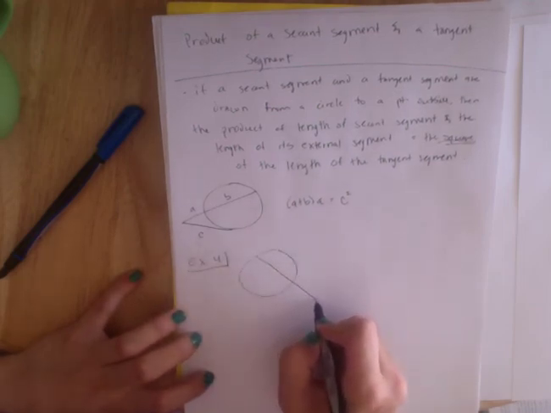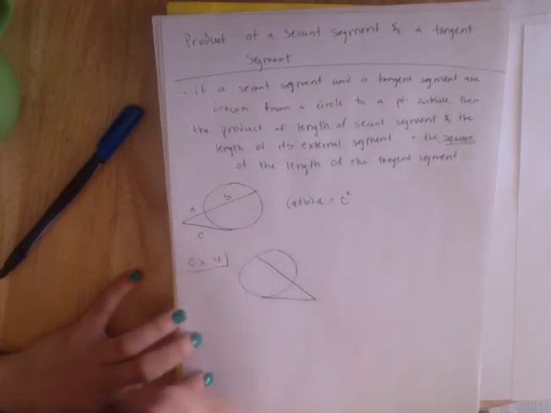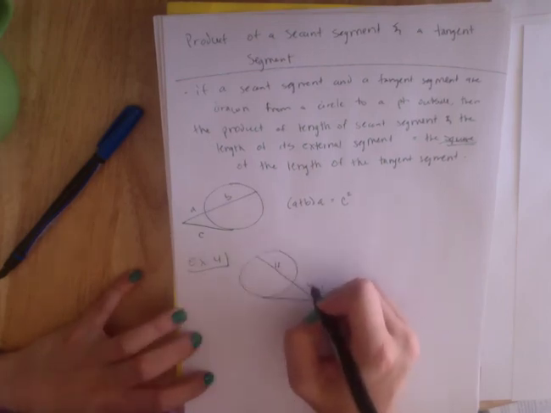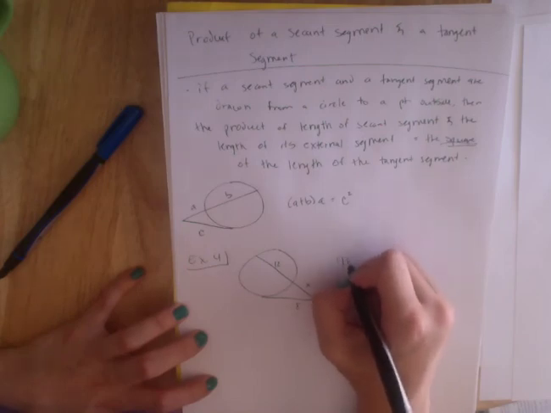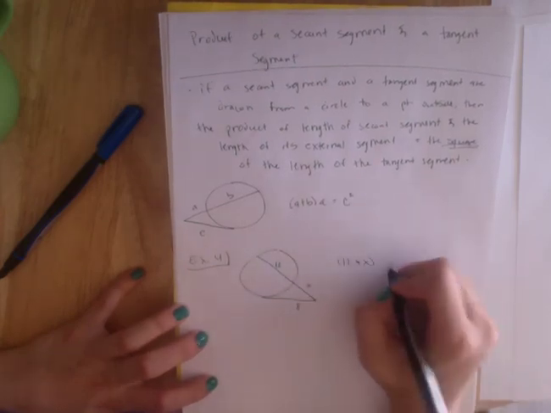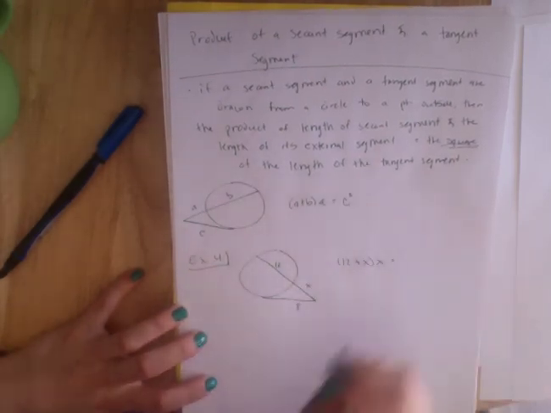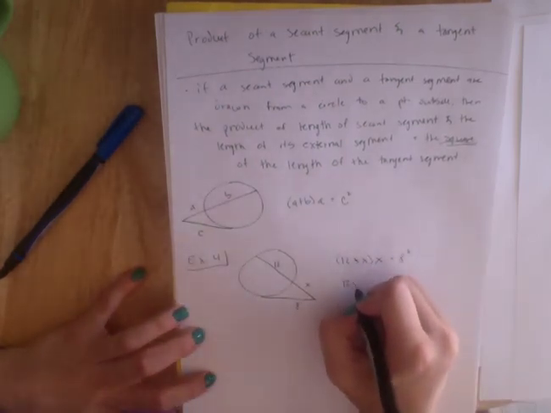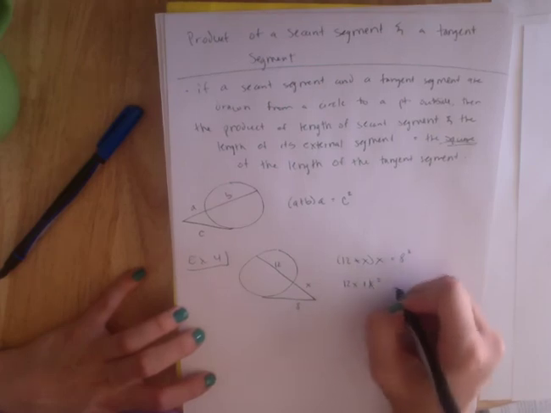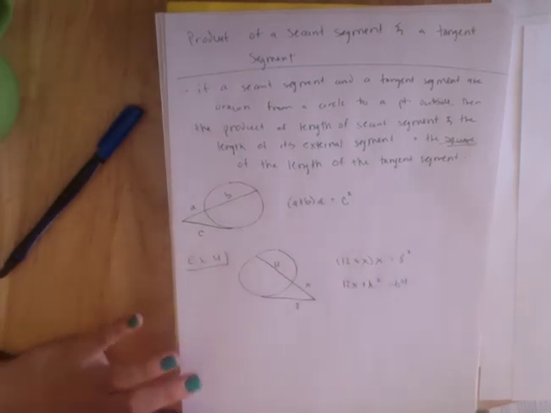Example 4, we have this secant, this tangent, 12, x, and 8. So we have our whole secant, 12 plus x, times the outer, which is x, equals 8 squared. So 12x plus x squared equals 64.